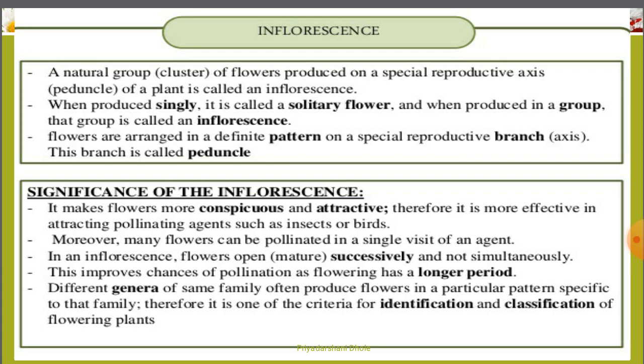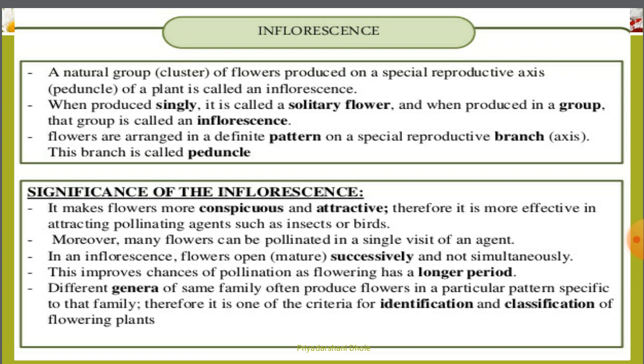Now, what is the significance? What is the importance of this inflorescence? First, it makes flowers more conspicuous and attractive because these flowers are small in size. Therefore, they are bunched so they can be easily detected by insects and birds for pollination. Therefore, it is more effective in attracting pollinating agents like insects, birds, or bees. And many flowers can be pollinated in a single visit of an agent.